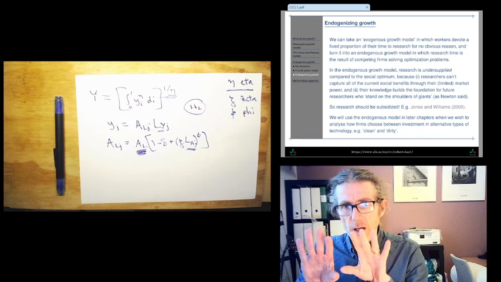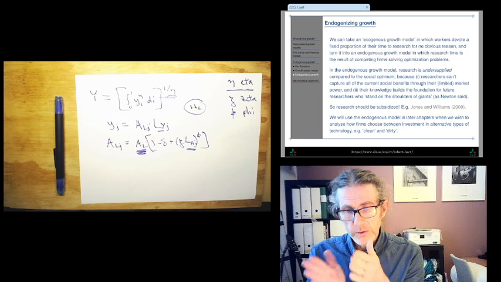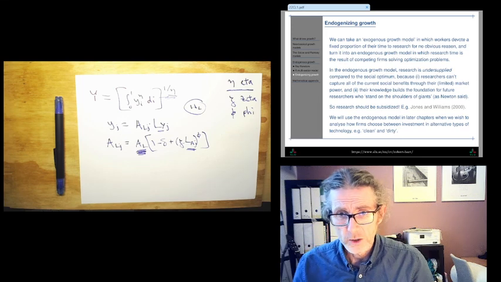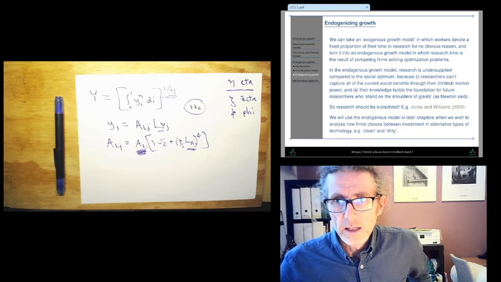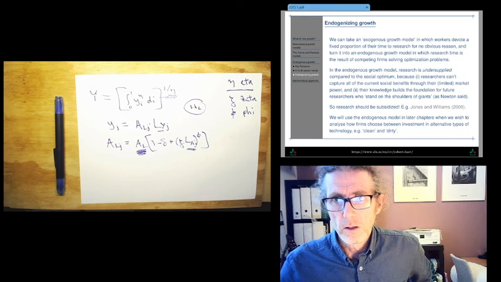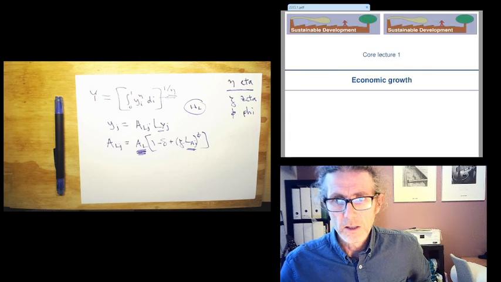We're not so much interested in the overall rate of technological progress, we're more interested in the direction of technological progress. Okay, and that is it for the topic of economic growth.